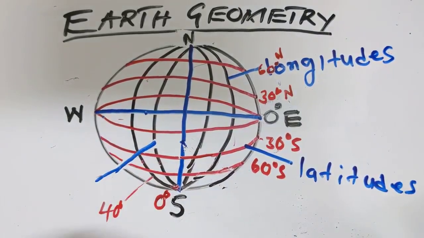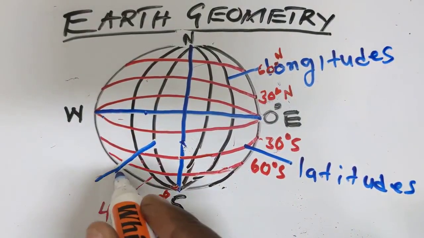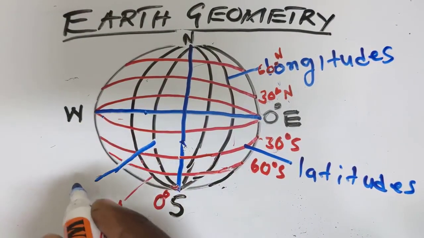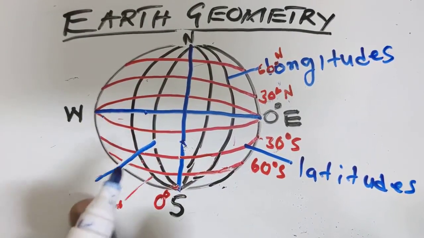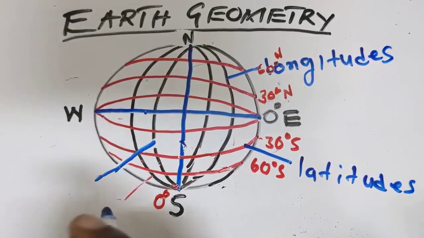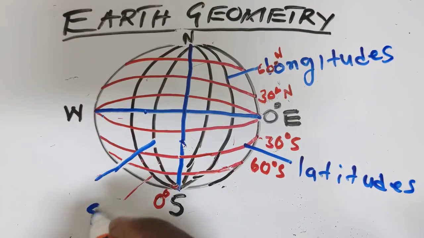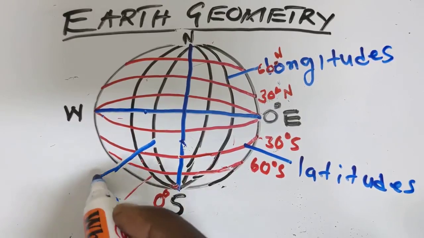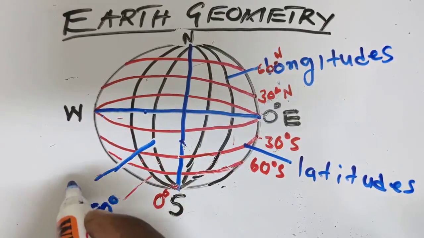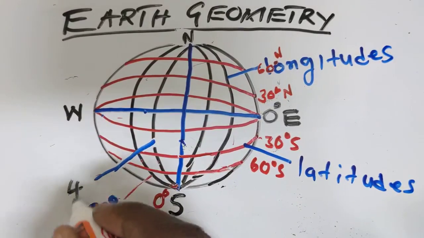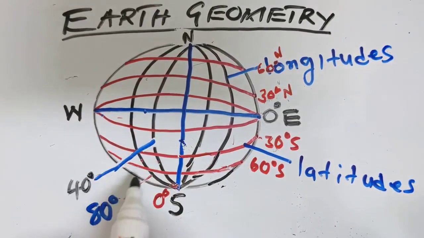So this is red, that is blue. So that one which is inside has to be small. So this one, let's say it is 80 degrees. This one has to be 40 degrees, because it is inside.